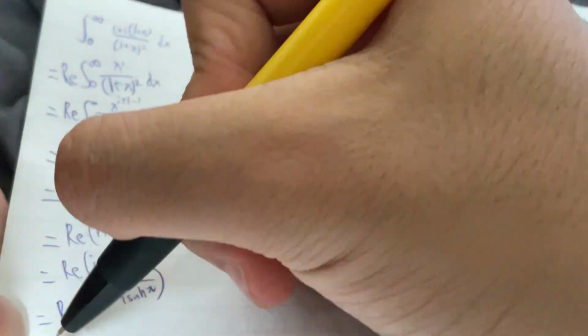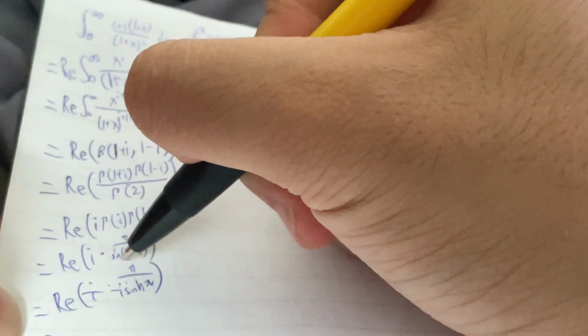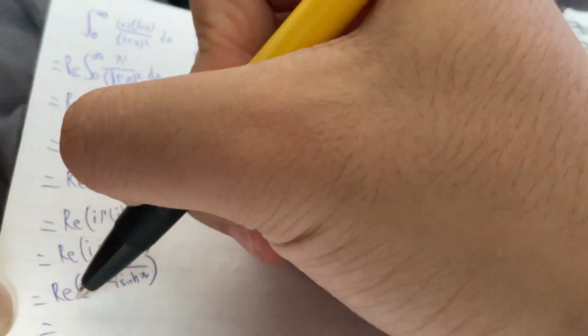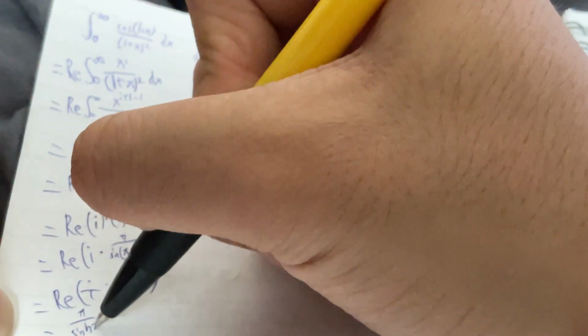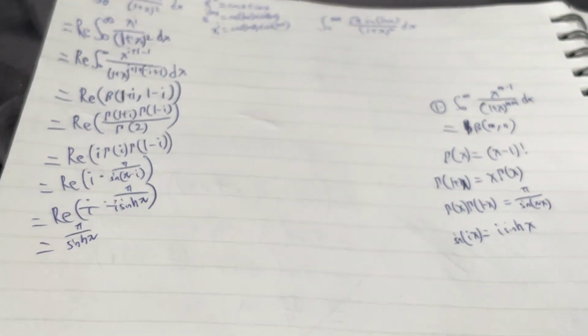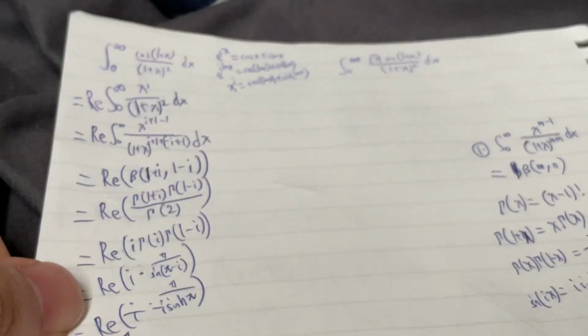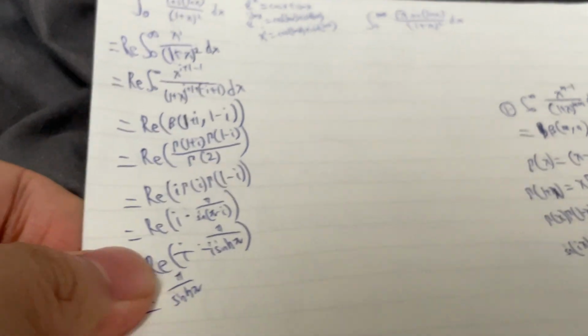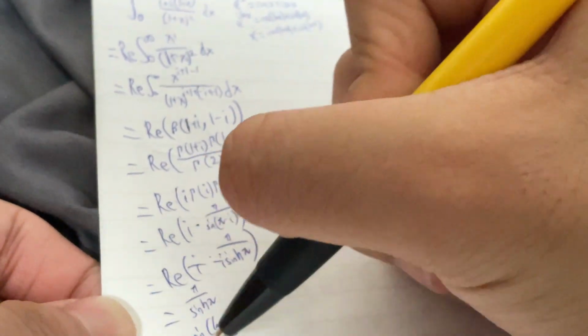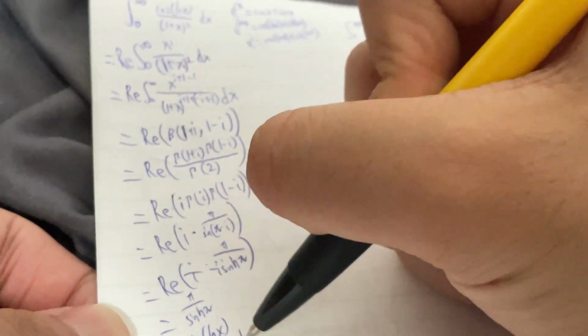So here's the deal. Take the real part of the inside. Pi over sinh pi. You pretty much just get the original, pi over sinh pi, because pi over sinh pi is a real number. Take the real part of that, which is just equal to that. So you can also figure out the integral of sin of ln(x) over 1 plus x squared dx.